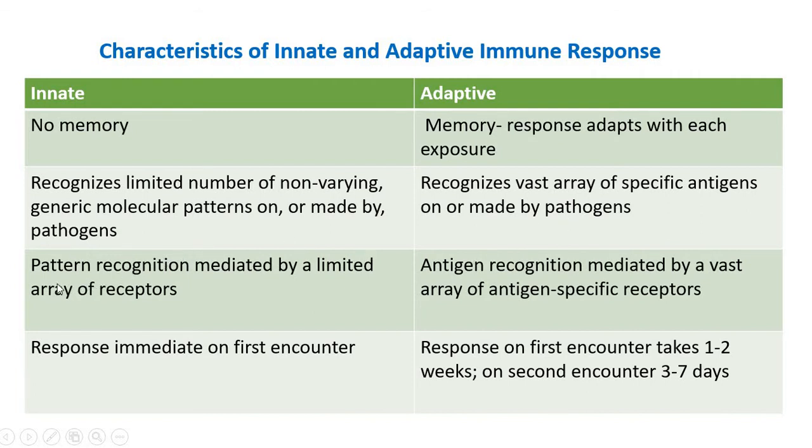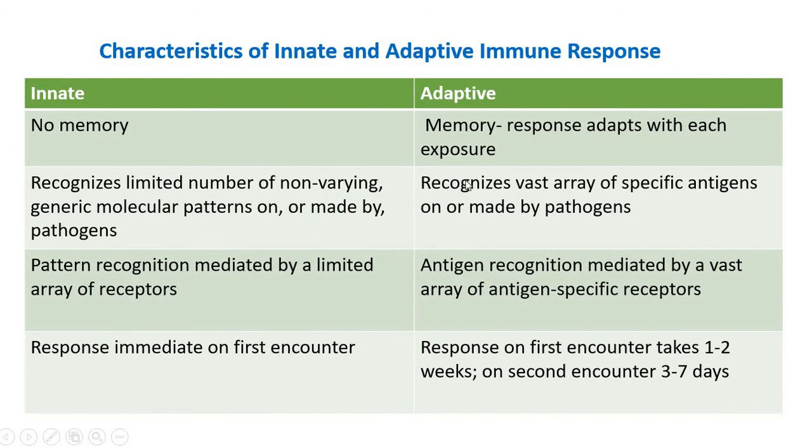Pattern recognition is mediated by a limited array of receptors in the innate immune system, but in the adaptive immune system, there is a vast array of antigen-specific receptors involved in antigen recognition. The most important thing is that in the innate immune system, the response to pathogens starts immediately on first encounter.